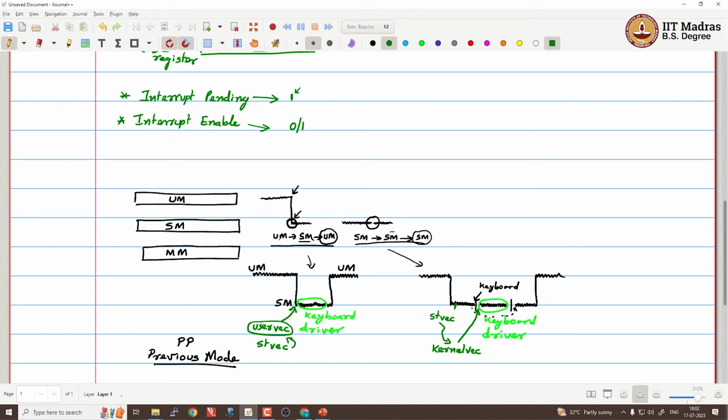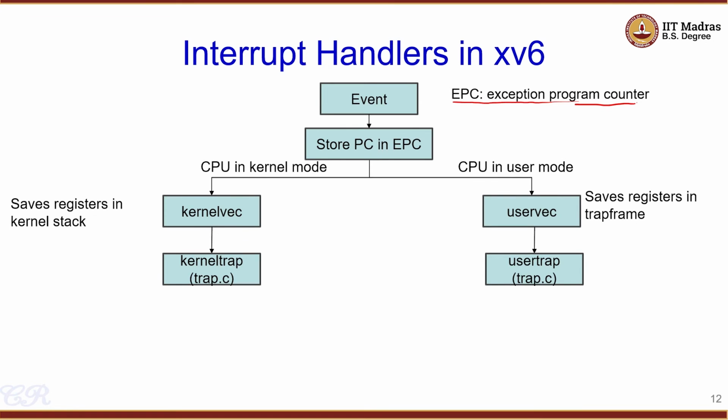When an event occurs and it switches to kernel mode, Stvec is changed to point to the kernel vec. Now, if an interrupt occurs, it would cause the kernel vec to execute, right? So, does it make sense?